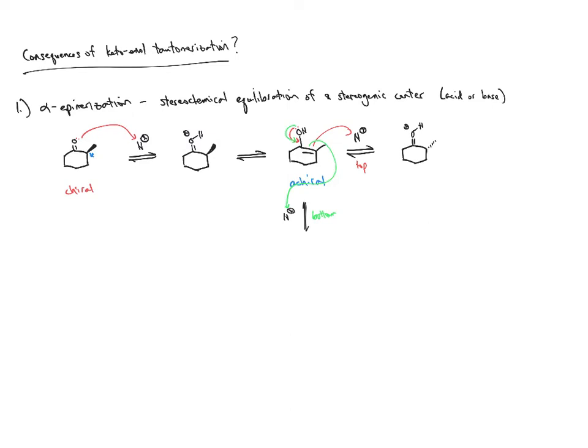And if I protonate from the bottom face, I'm going to get a species that looks like this. And of course, we can undergo basic deprotonation to reveal now our 2 ketones, which are enantiomers of one another. And so what we have is a racemic mixture.